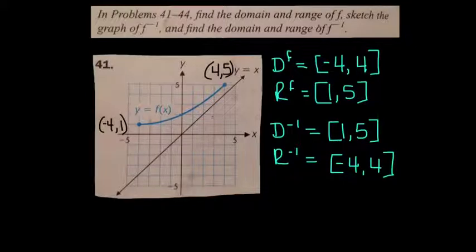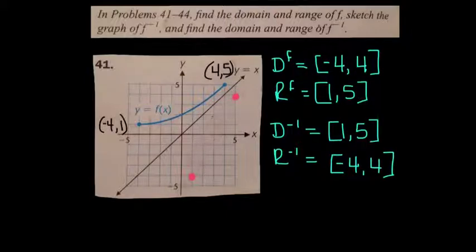When I go to sketch this, I can use another idea: if the point negative 4, 1 is a point on my original function, then the point 1, negative 4 will be a point on my inverse. By the same token, if the point 4, 5 is a point on my original function, then the point 5, 4 will be on my inverse.